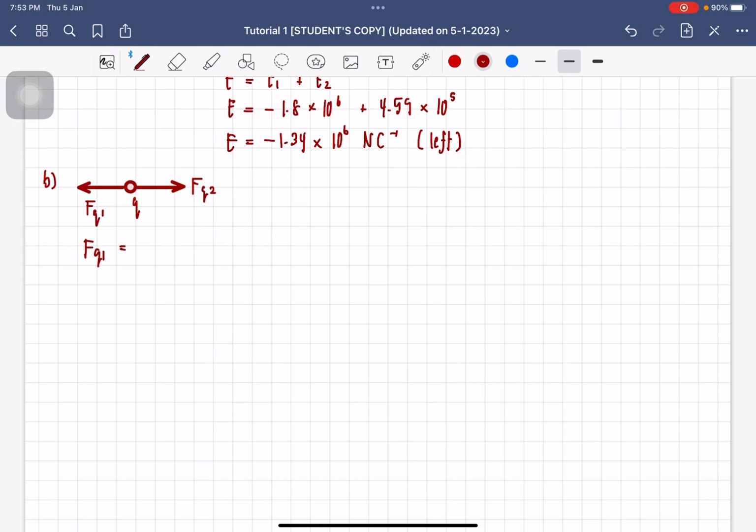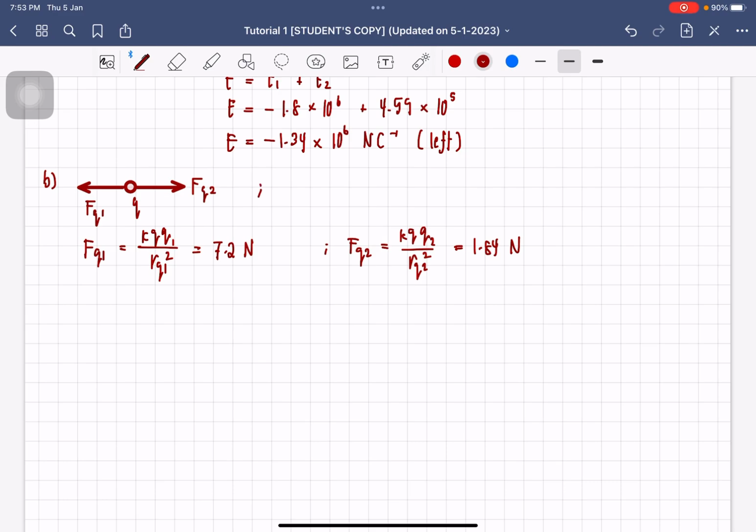So FQ1 is K Q Q1 over RQ1 squared, which is equal to 7.2 Newton. And for the second one, this is K Q Q2 over RQ2 squared, which is equal to 1.84 Newton.